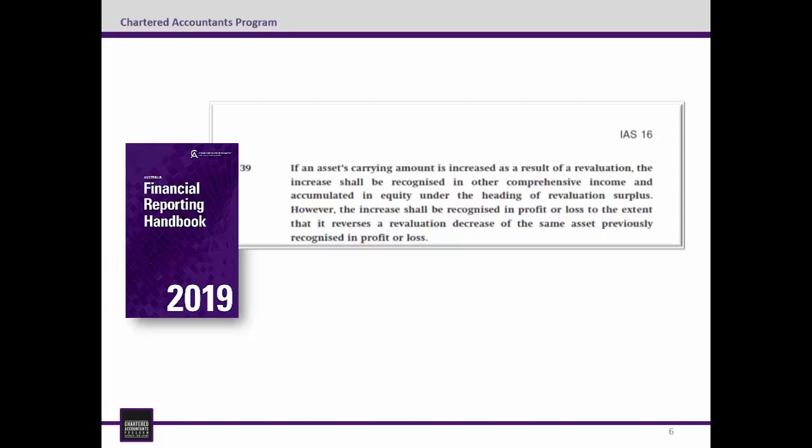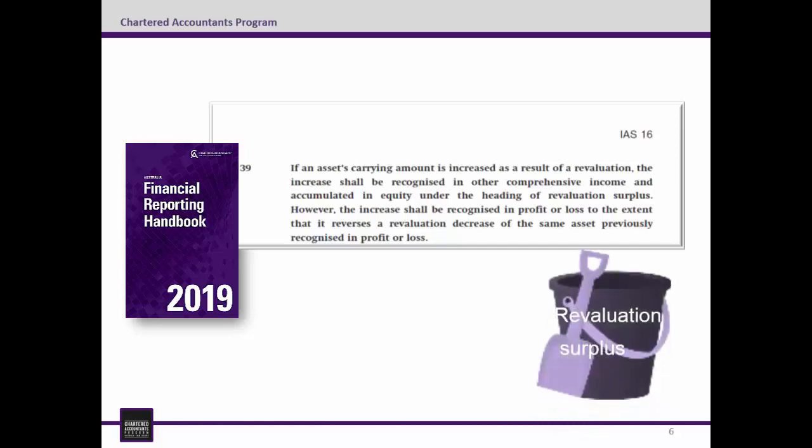OCI is a way of disclosing movements in reserve accounts in the financial statements. Underpinning OCI are the reserve accounts themselves, with their balances that carry forward from year to year. Other comprehensive income highlights the movements that have occurred during the year that are important for the users of the financial statements to be aware of.